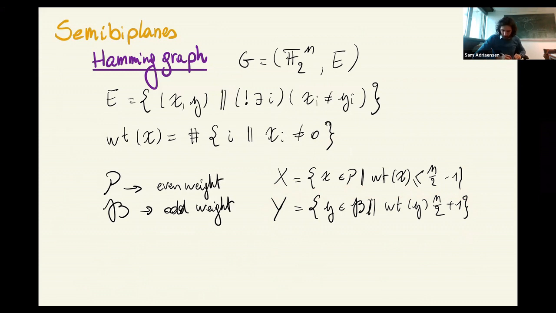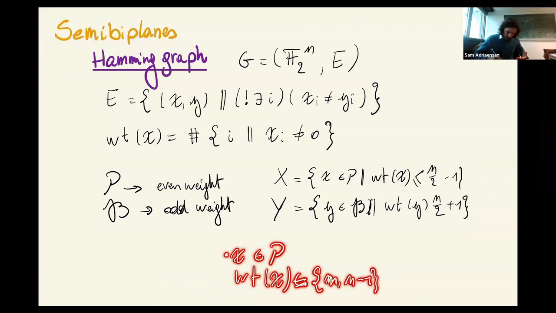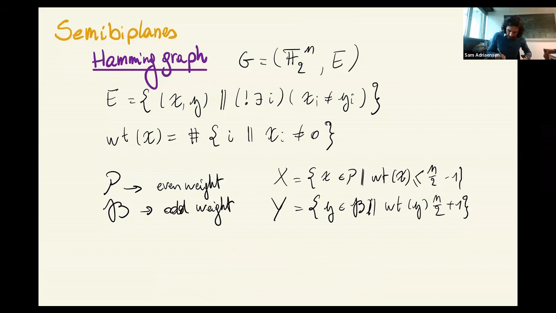But the problem is that it will not give rise to an edge dominating set, because if I take a point X whose weight is large, so in the extremal case it's n or n-1, depending on whichever of these is even, then of course all its neighbors will be contained in the set Y. So if you look in the incidence graph, we remove the points of small weight and the blocks of large weight.